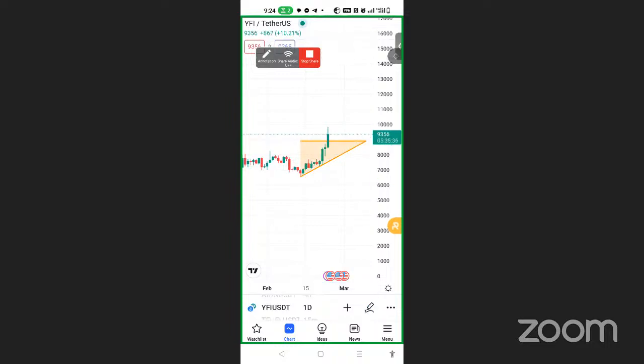So if I draw my flat bottom in the 1 day time frame, I can change the time frame and go to the 4-hour time frame, right? Depending.